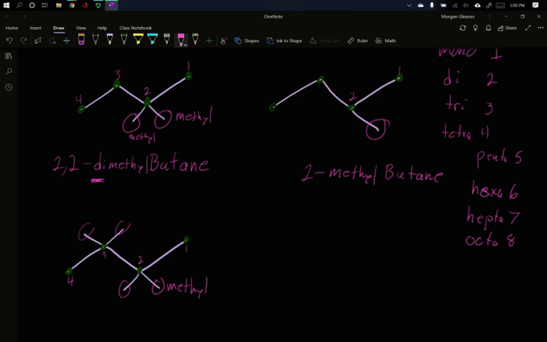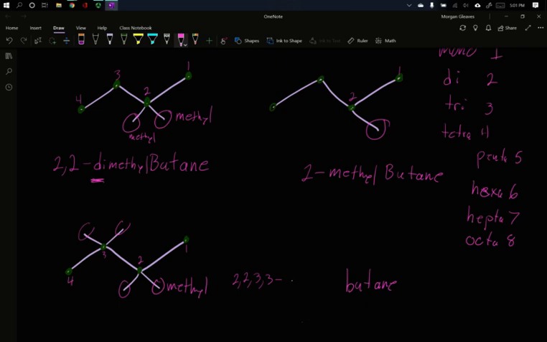In this case, though, I have a lot of them. So it is a butane for being a 4-carbon alkane. And this time there are methyls at the 2, the 2, the 3, and the 3. There are 4 total methyls, so I need to show 4 positions they are located at.